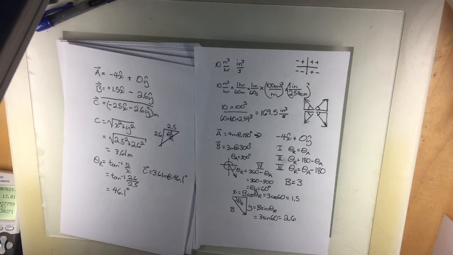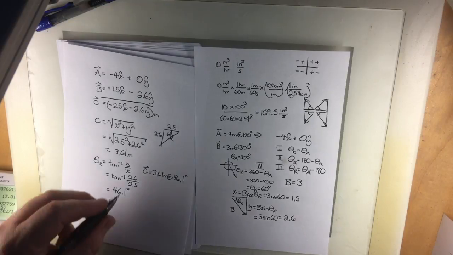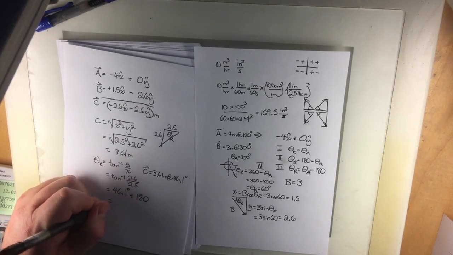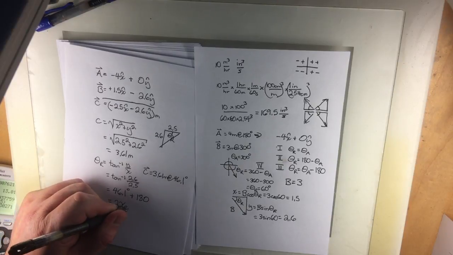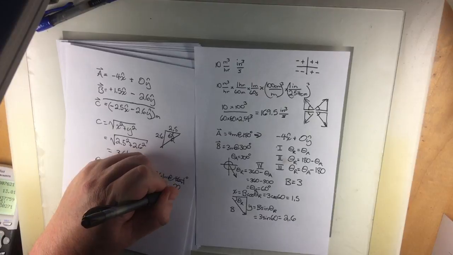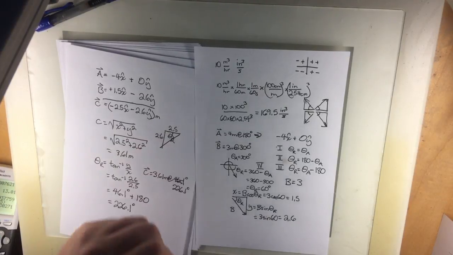It's the reference angle. So if it's a third quadrant reference angle, what do I do to get the absolute? You add 180. So 46.1, add 180, 226.1 degrees, so that goes away, and it's 226.1.